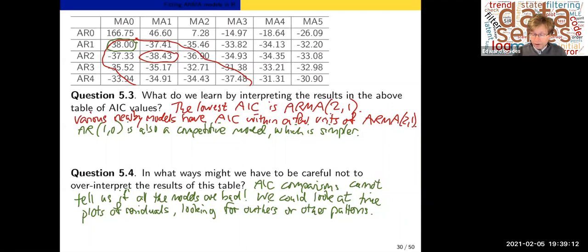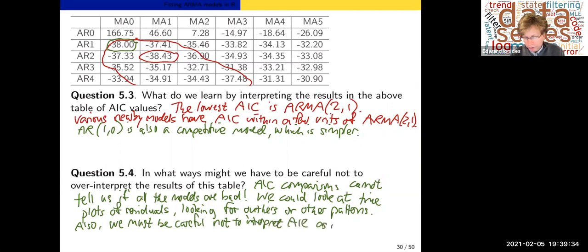And then, of course, always with AIC, as we already mentioned, we must be careful not to interpret AIC as if it were a formal hypothesis test. Okay, great. And we'll carry on this data analysis in part 3.